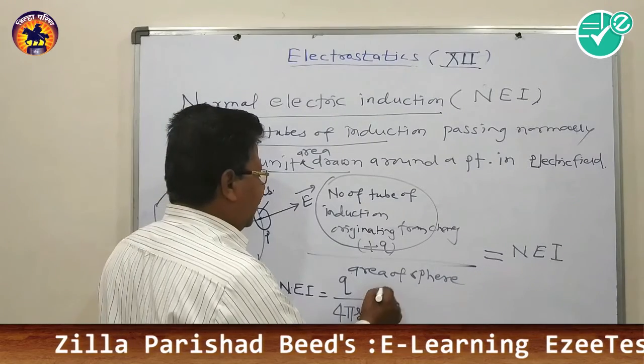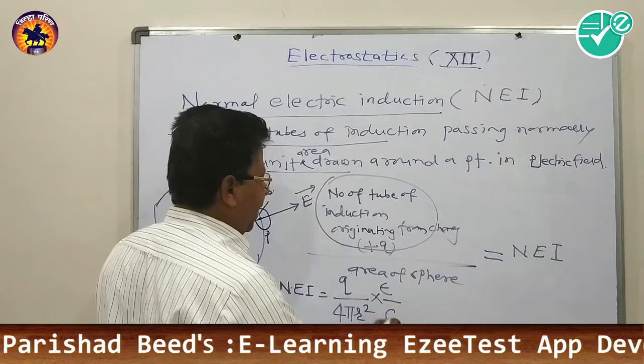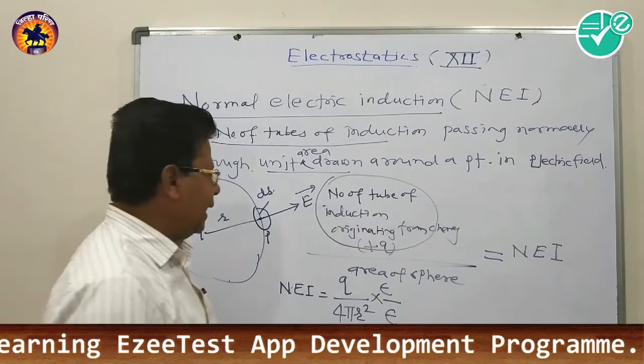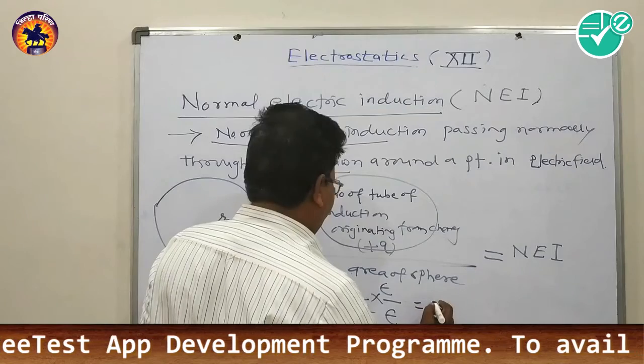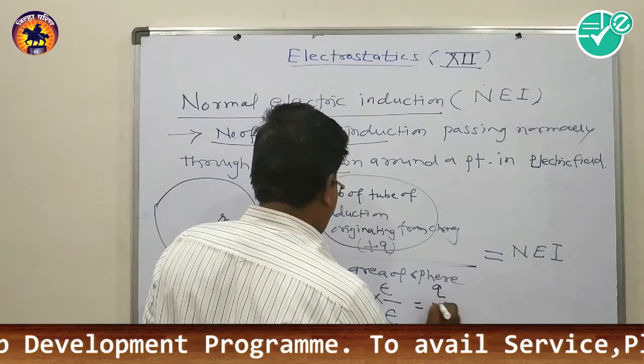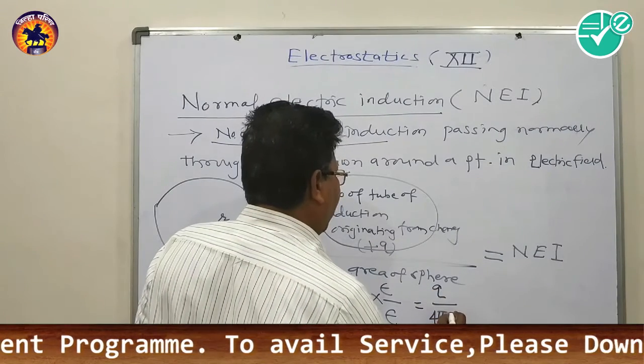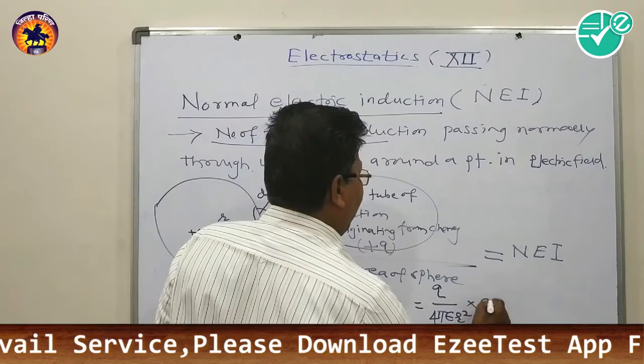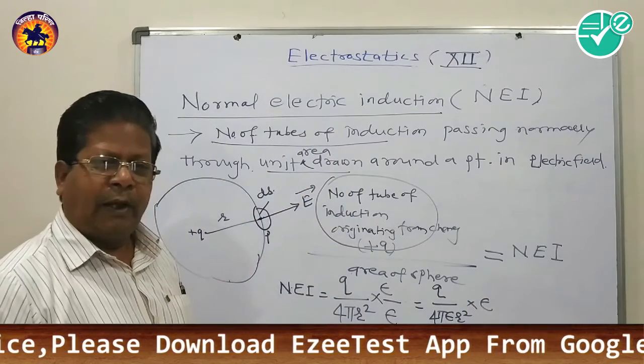If we multiply and divide this equation by epsilon, that means the permittivity of the medium, then this expression becomes Q divided by 4 pi epsilon r square, multiplied by epsilon.